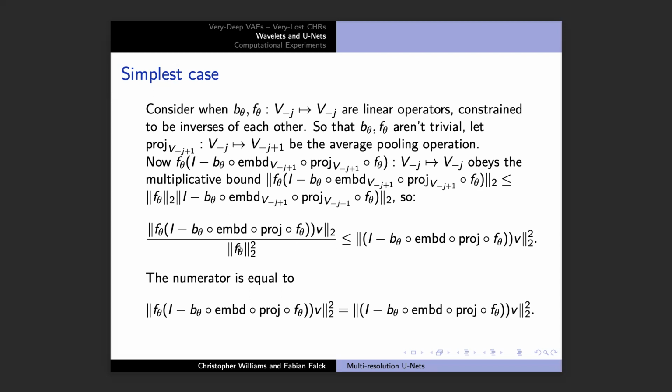This is sort of how much f is shrinking or increasing the norm of my data. But inside this bracket, I have the f and the b. I'm just assuming that when they're on the same dimension they're inverses, so it becomes this difference. But the projection and embed here are to something that's L2 orthogonal, so the identity minus this is really projection onto the orthogonal subspace.